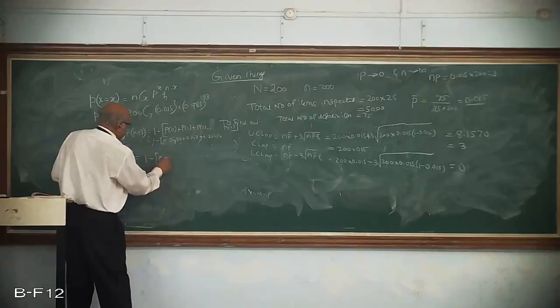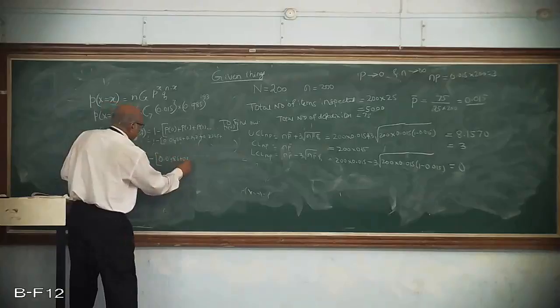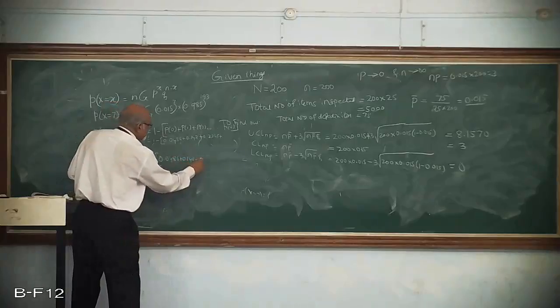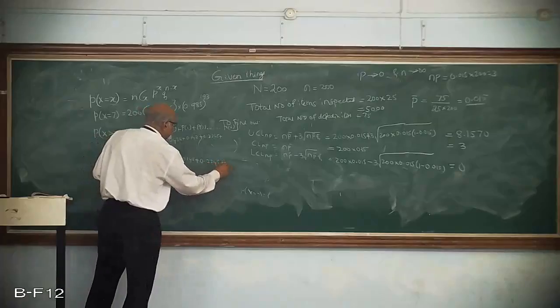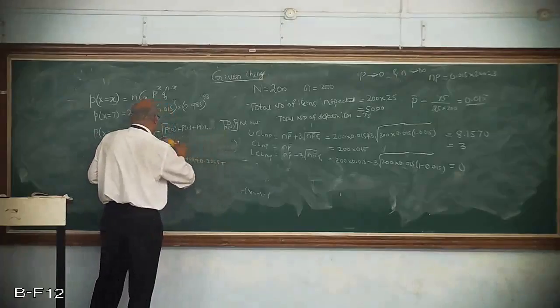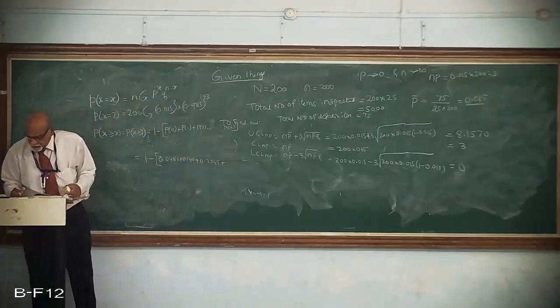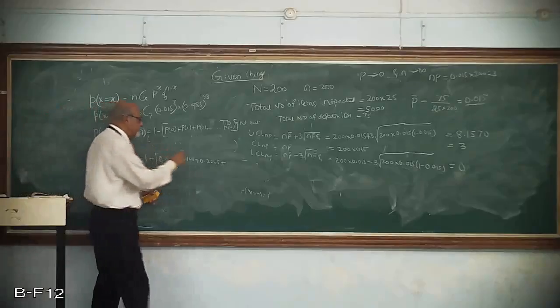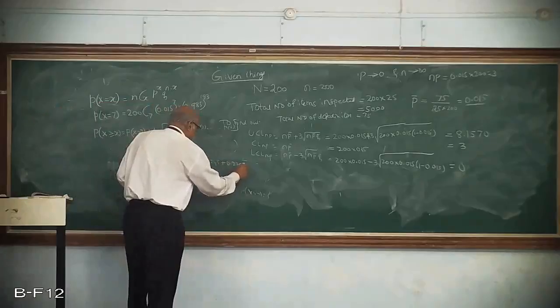That means 1 minus 0.0486 plus 0.148 plus 0.2245 plus 0.2245 plus 0.2257.